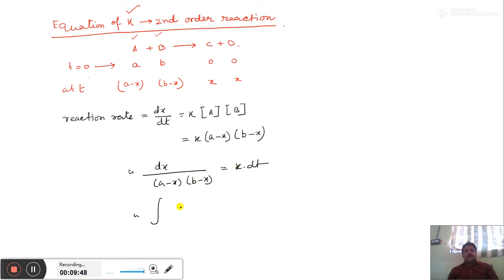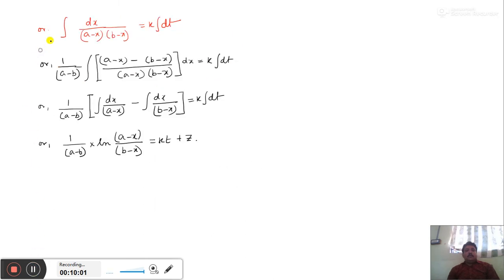Integrate both sides, we get integration dx by (a minus x) into (b minus x) equal to k into integration of dt. Now if you integrate this equation, we get 1 by (a minus b) into ln (a minus x) by (b minus x) is equal to kt plus z, equation number 1.